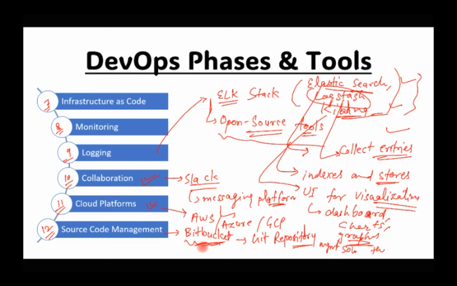In real-time use cases, developers create and manage Git repositories on Bitbucket, and teams collaborate on code through pull requests and merging branches. The features of Bitbucket include code review, issue tracking, and access control.